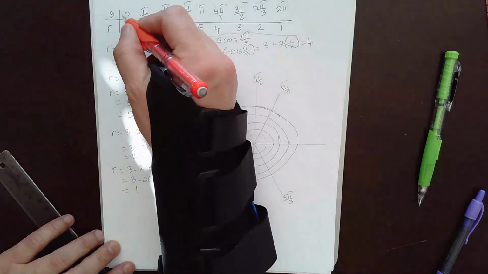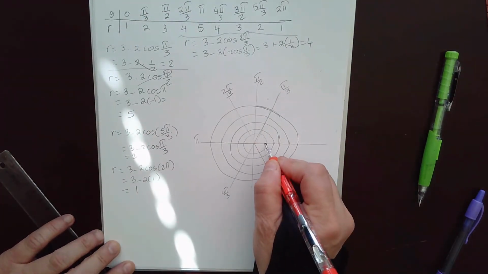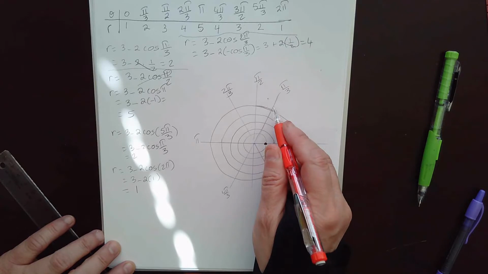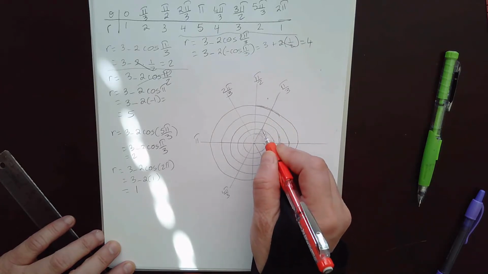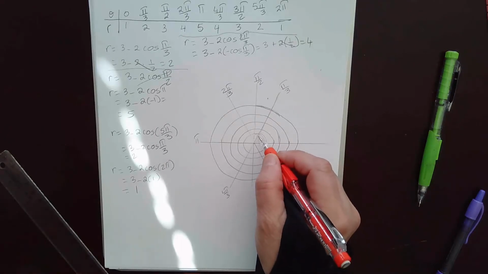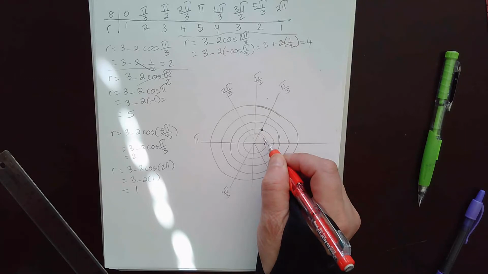When theta is 0, r is 1. So this is theta 0, r is 1. Okay, when theta is pi over 3, r is 2. Should be here. r is 2. This is radius 2. So it's going to go this way.